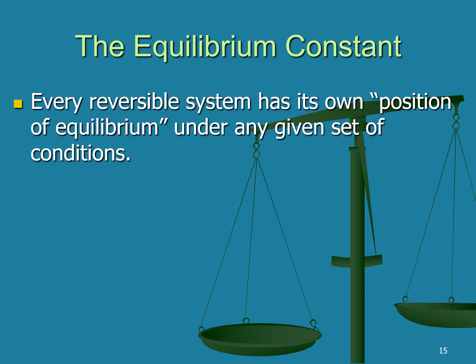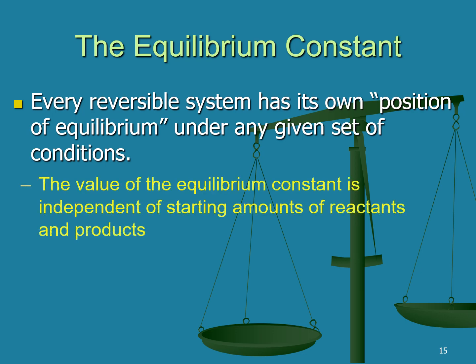So, like I was saying, we saw in that equilibrium, every reversible system has its own position of equilibrium under a given set of conditions. What I mean by that is if it's gas, particular pressure and particular temperature. So it may change if you change temperature and pressure, but if you don't do that, then everything sort of gets to the same set point.